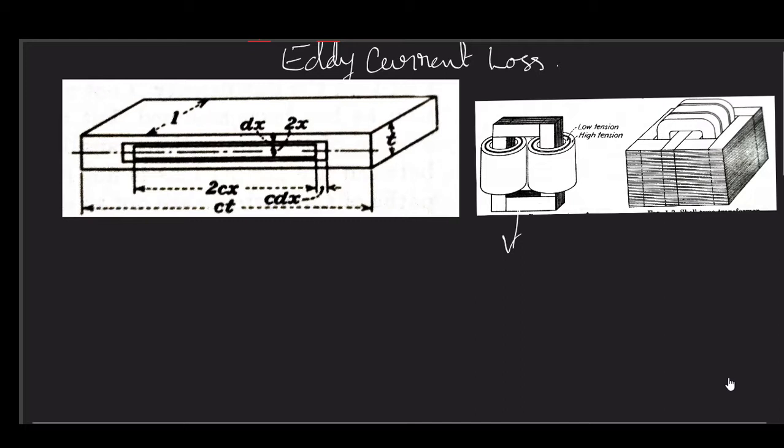Very simple thing: if you take one of these segments here, this t, if you try to find out this t, is the thickness of one individual sheet that we have here.